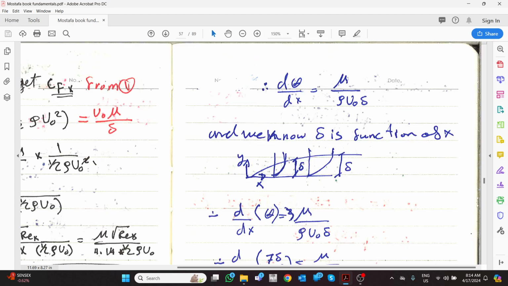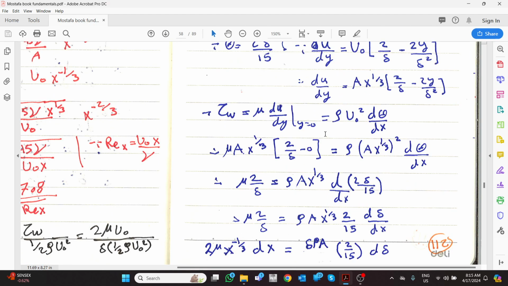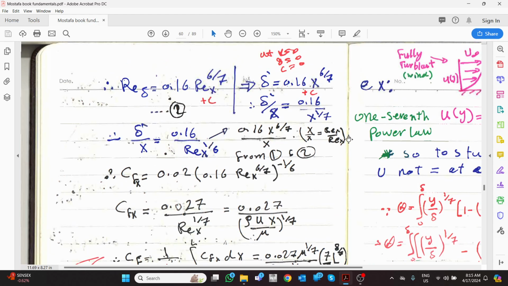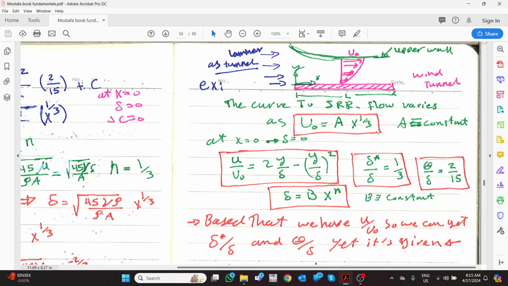Okay. Now let's return back to the examples, because we have example 2 and example 3, and that's it. It is not a big deal, by the way. Example 2 is defined as a laminar flow in a tunnel, and the tunnel is taking that shape, and this is the upper wall.